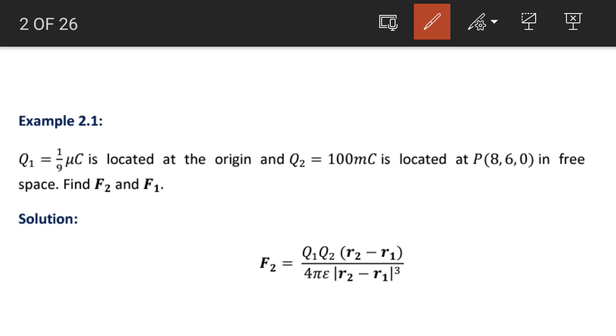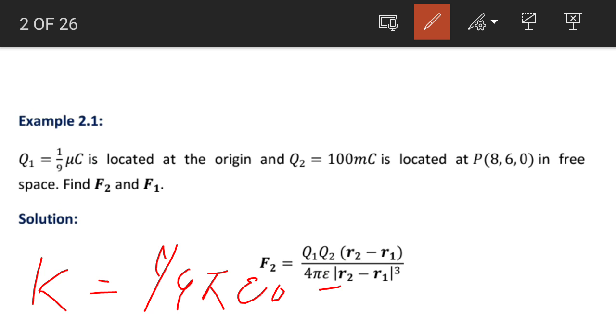As we are in the free space, the constant of proportionality in the free space, 1 over 4 pi epsilon naught, will be equal to 9 into 10 raised to power 9. So in free space, the value of this constant will be 9 into 10 raised to power 9.